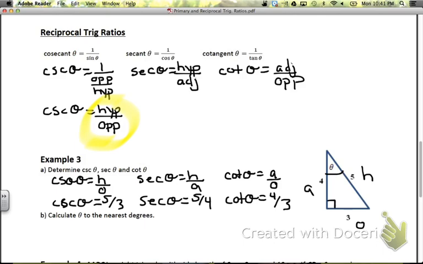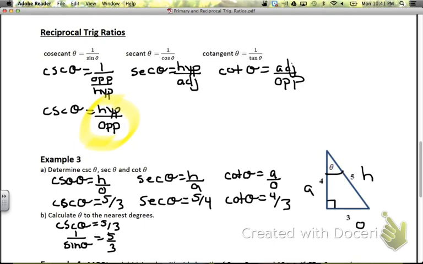Now in part B we want to calculate theta to the nearest degree. We can take any of those ratios from above. So let's take cosecant theta, which is equal to 5/3. I know cosecant theta is equal to 1 over sine theta, which is equal to 5/3.